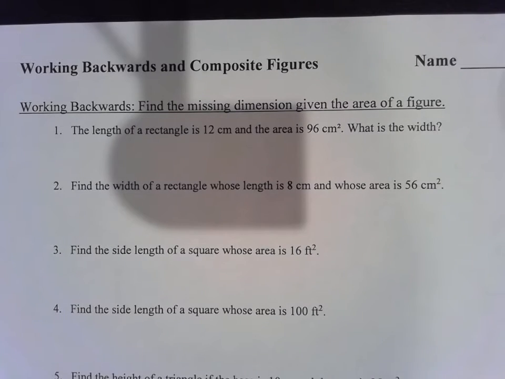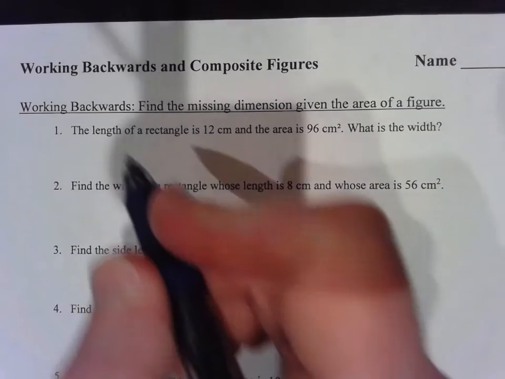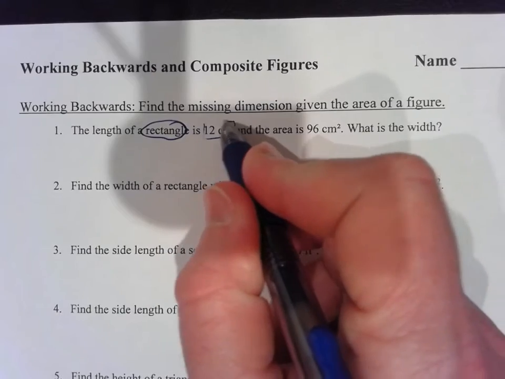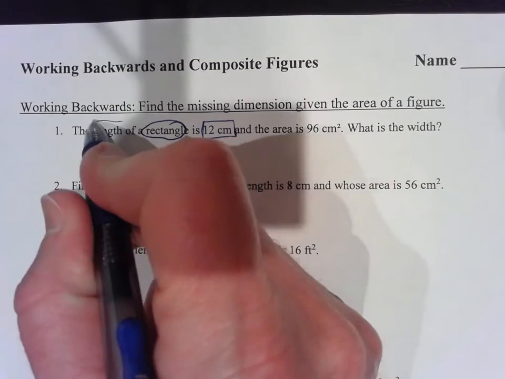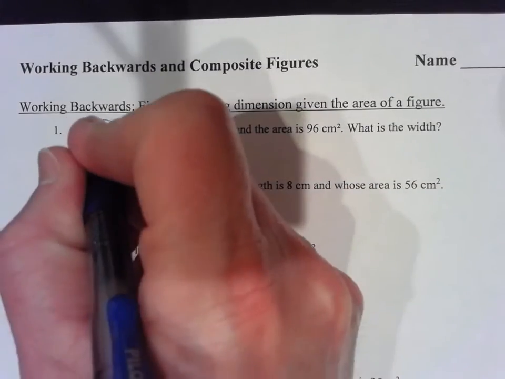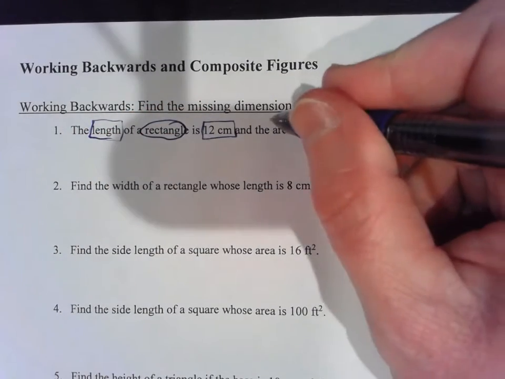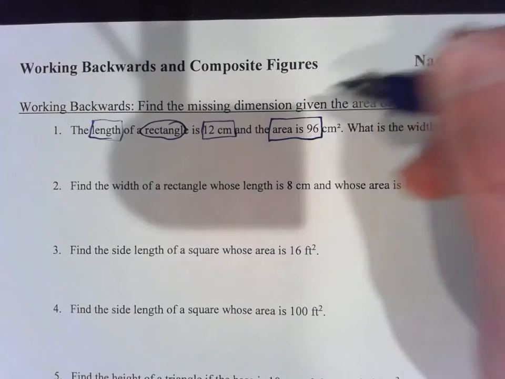centimeters and the area is 96 centimeters squared. What is the width? So first of all, I notice that it's a rectangle, and I'm given 12 centimeters as the length, and the area is 96.